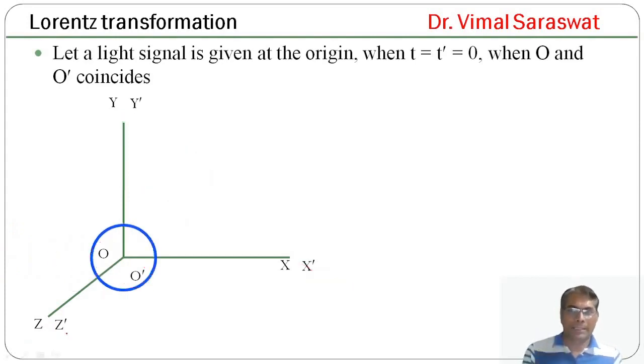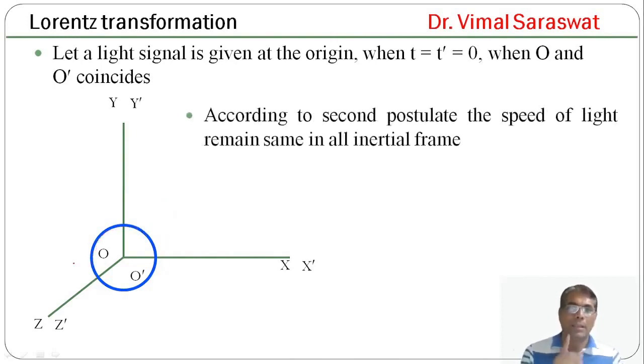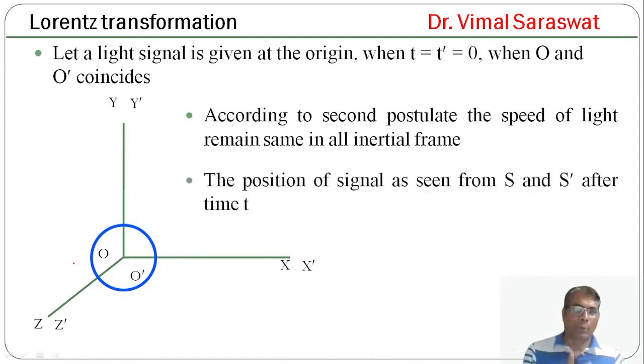Now, in this condition, a light signal is given. So this is our light signal. According to second postulate, the speed of light remains same in all inertial frames. The position of signal as seen from S and S dash after time t.